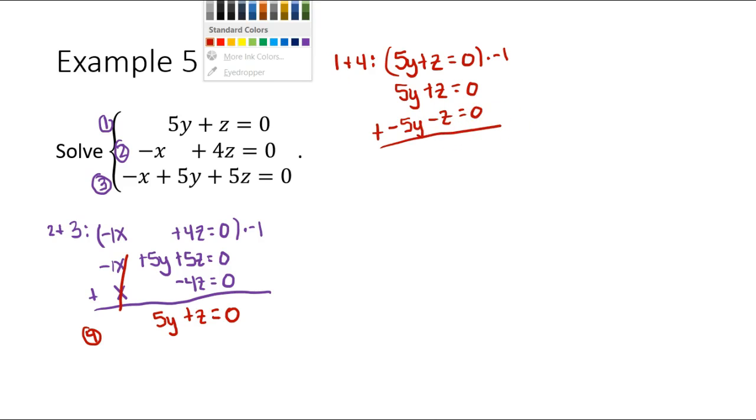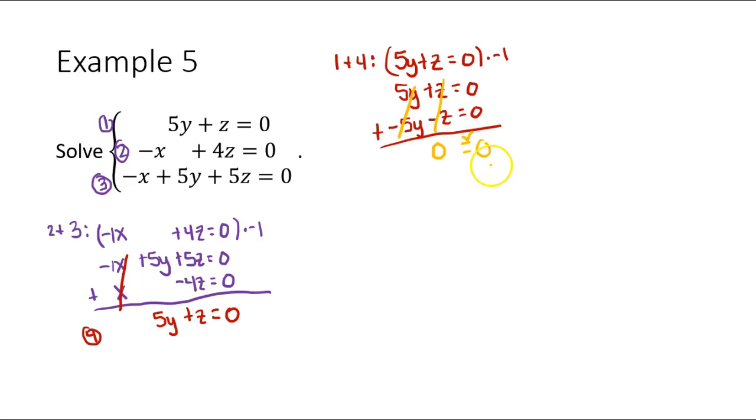And what we would find out is that the y's would cancel out, the z's would cancel out. That would leave me with absolutely no variable. There's nothing there but 0. And on the other side, 0 plus 0 is equal to 0. Well, this is true. 0 and 0 are the same thing. This problem has infinitely many solutions.